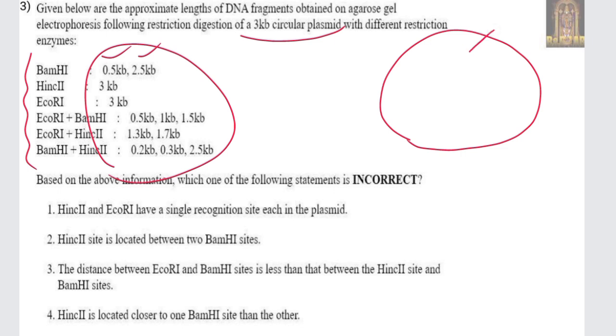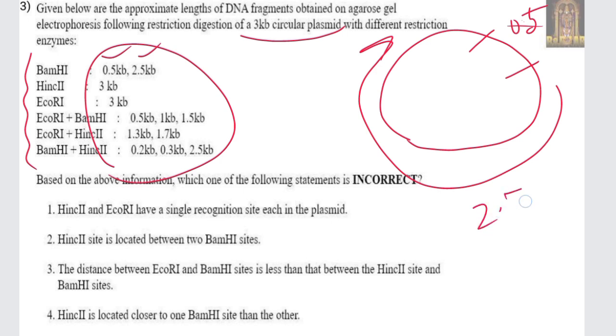So let's say this one is one site, and it will produce a 0.5 kb length of DNA, and the rest will be the 2.5 kb band. So two restriction sites are there. The next one is HindIII, where you can see the total 3 kb was there.